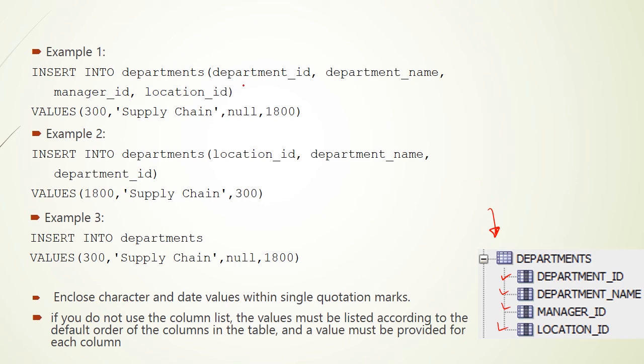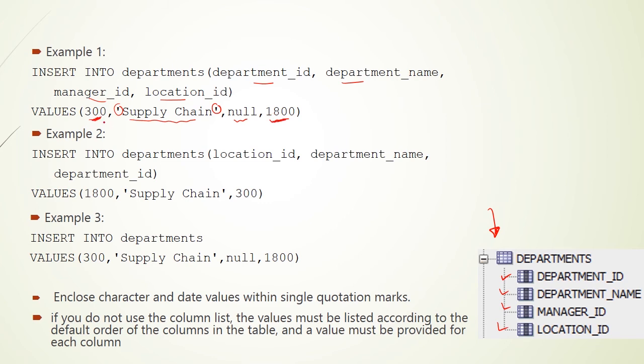You can specify the column list when you are adding a new record to the table. For example, here: insert into departments, brackets, department ID, department name, manager ID, location ID, values 300, 'supply chain', null, and 1800. If you are adding a string, you have to enclose the string with single quotation marks. If you are adding a date, you also have to enclose it with single quotation marks.